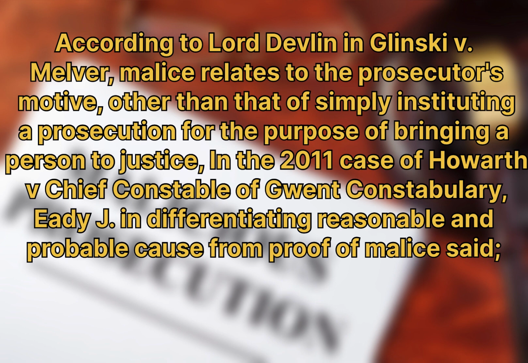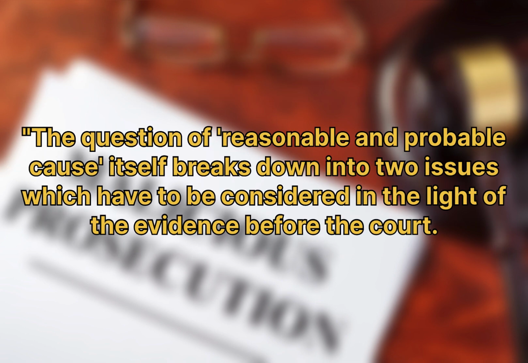In 2011, the case of Haworth versus Chief Constable of Gwent Constabulary, Ide J., in differentiating reasonable and probable cause from proof of malice said, the question of reasonable or probable cause itself breaks down into two issues which have to be considered in the light of the evidence before the court.